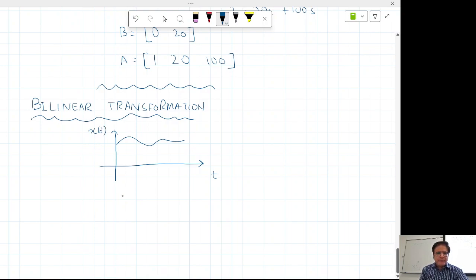Now suppose we have an analog filter. What it is doing, it's just integrating the input. So we have y of t, which is the integral from 0 until t. Yeah, so far so good. So you have an integrator that is integrating the input.